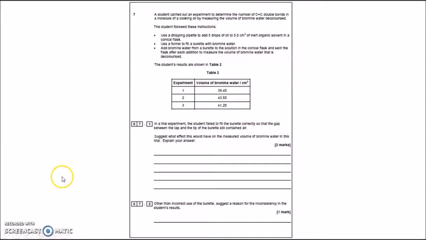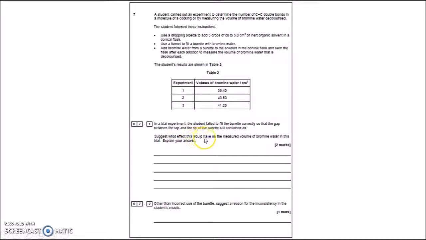It's going to fill the air gap. So if we think we've delivered, let's say, 10 centimeters cubed of bromine water from the burette, because the volume's gone down by 10, we've actually not. We've only delivered 7 out of the burette, because the first 3 centimeters cubed went to fill the air gap. So we've only delivered 7, but it seems on the burette as if we'd delivered 10.